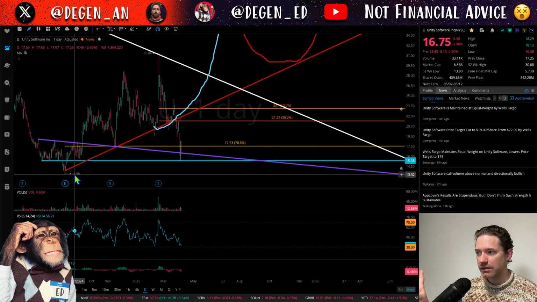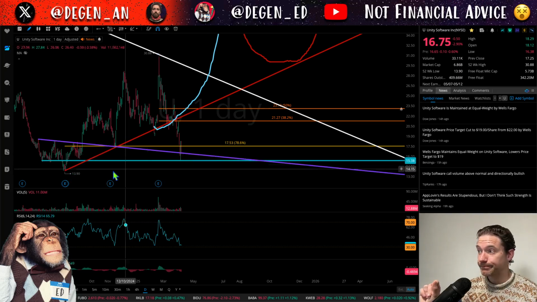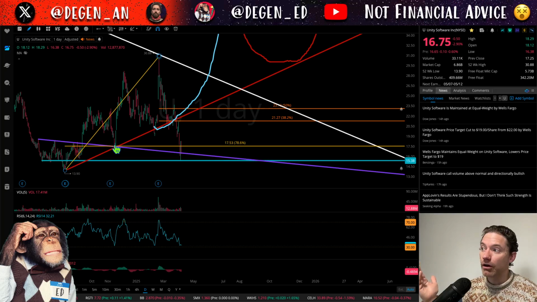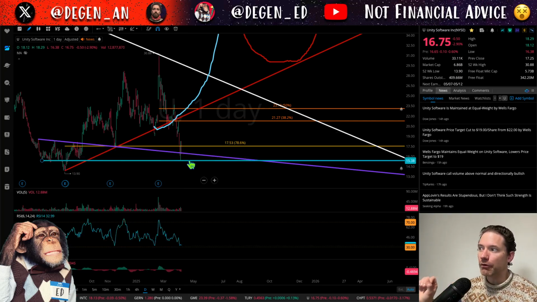Well, actually, going from here, that's lower lows in the stock price, whereas the RSI is flat lows. That's a weak bullish divergence.